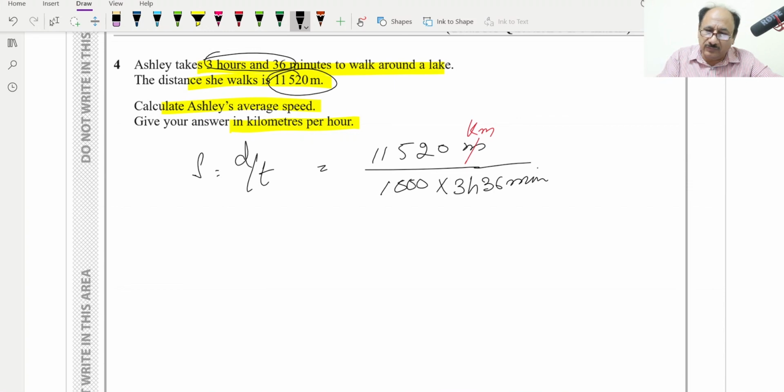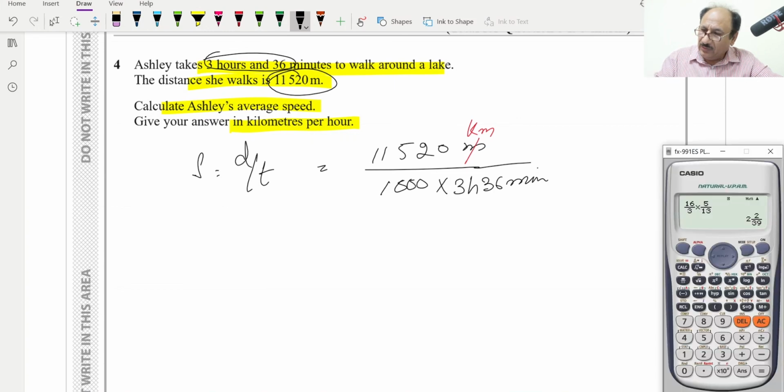And what we have now, we have two options. I will use the calculator and directly write 11,520 divided by 1000, multiplied by 3 hours. I'm using the time button, this one, 3 hours and 36, again the time button, this will be minutes, so 3 hours 36 minutes, and press equal to, and we will get the answer in decimal format, which is 3.2.